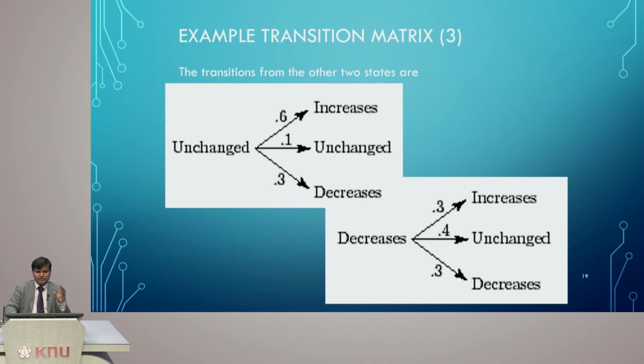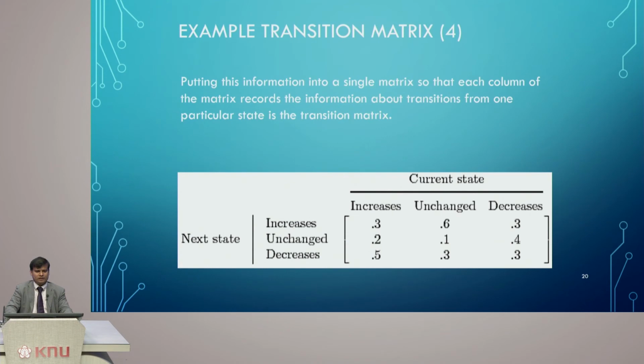In the same way, you can come up with the next 2 states. If today the stock price is unchanged, what happens the next day? If today the stock price decreases, what happens the next day? It is just given in the problem. So based on that, you can come up with the whole transition matrix. Here it is.